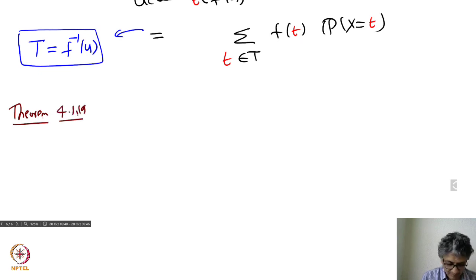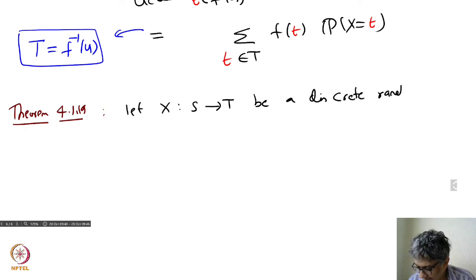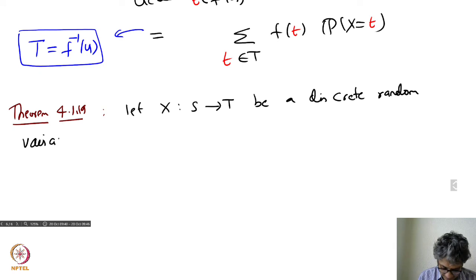The theorem is the following: let x be a discrete random variable from S to T, and you define a function f from T to U.